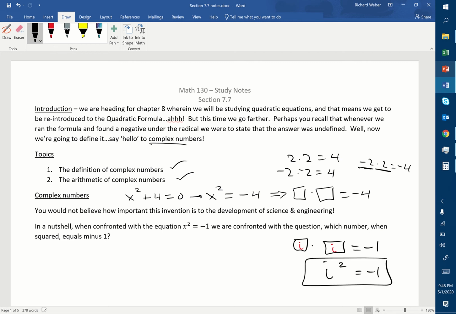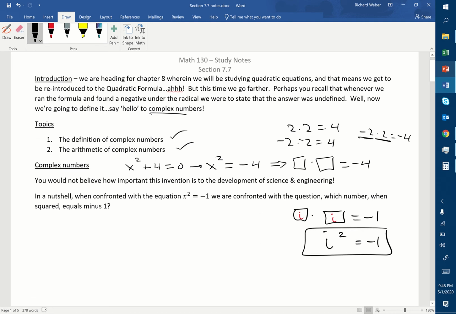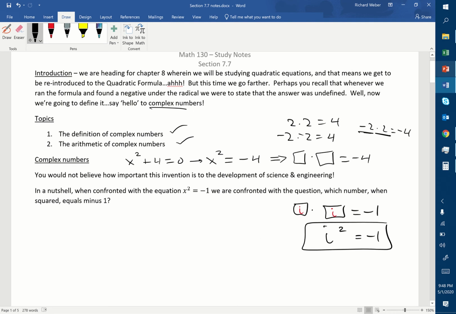And that's our definition right there. Two ways of writing it: I squared is negative 1, or I itself is the square root of negative 1. And that's all you have to know in this section to survive complex numbers, so to speak.